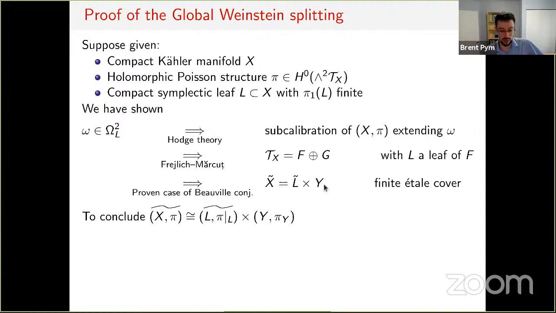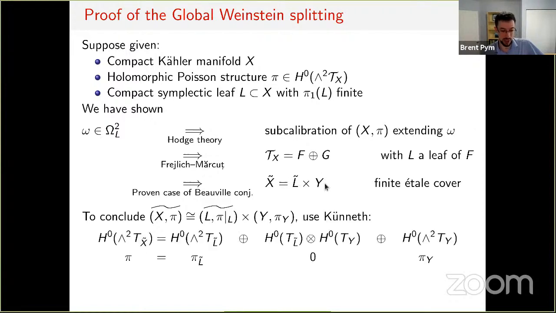Okay, but this is actually immediate because if I look at the bivectors on X tilde, well, this is a holomorphic vector bundle, and so I have a Künneth decomposition for the global sections.